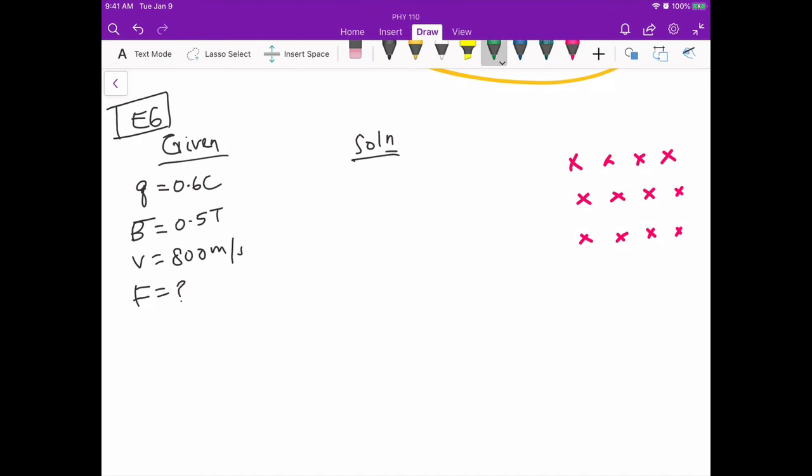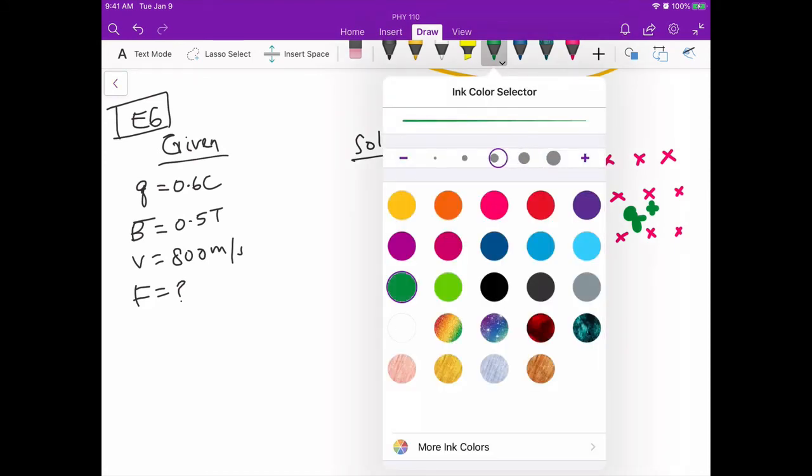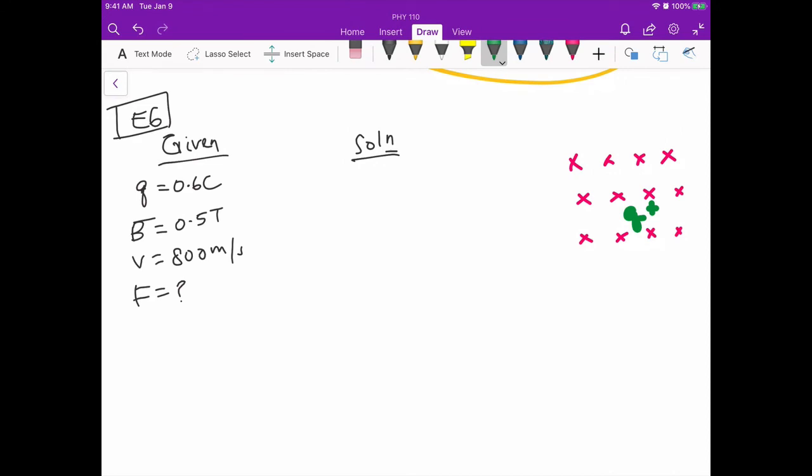Then if you have a positive charge Q moving up like this, it's going to experience a force in that direction, as we already mentioned.